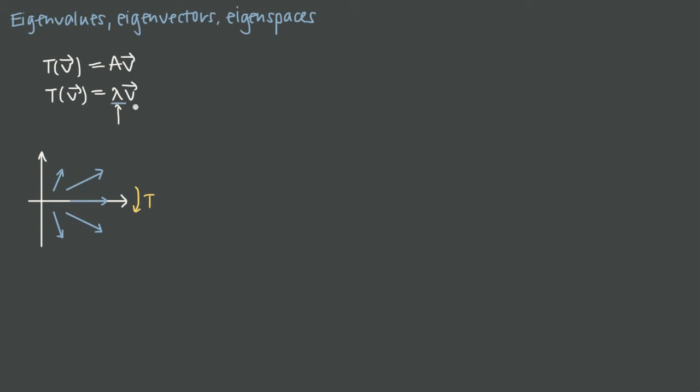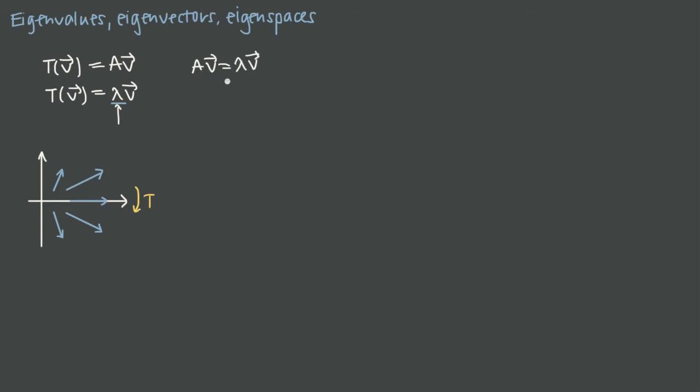So because both of these values, A times the vector v and lambda times the vector v, are both equal to the transformation of v, we can set those two things equal to each other. So we can say A times the vector v is equal to lambda times the vector v. So any vector that satisfies this equation will be an eigenvector.